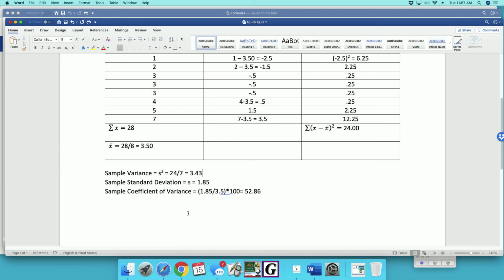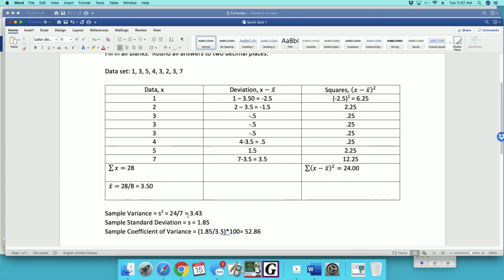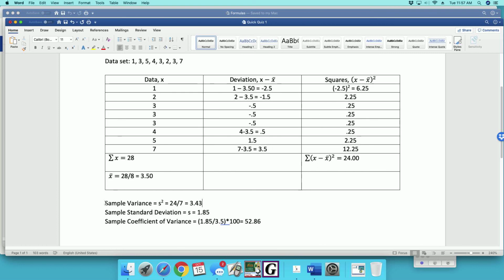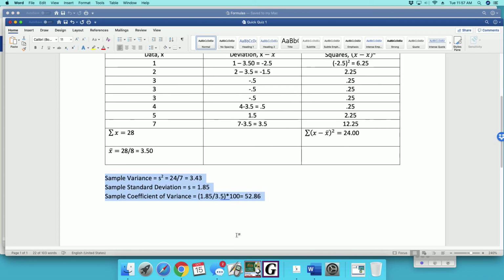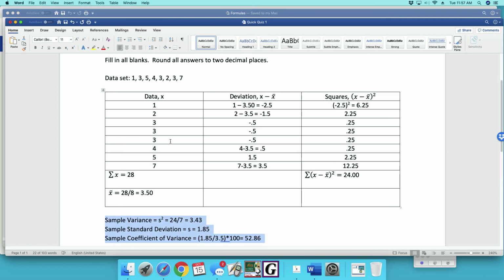All right, so now we're going to do the same thing, except we're going to make this population. Let's take our data and do this for population.